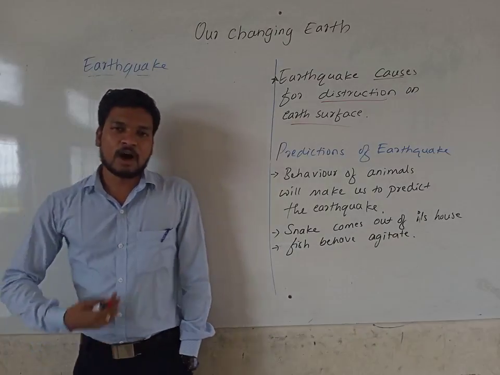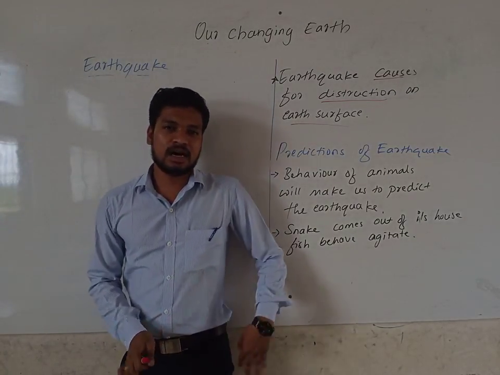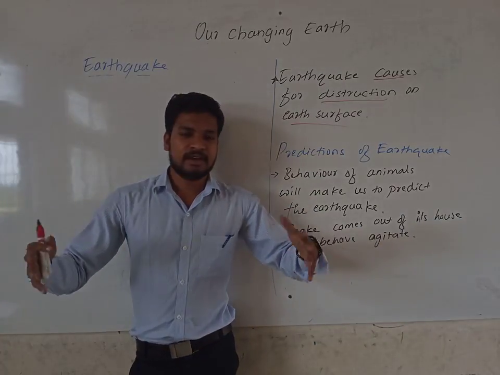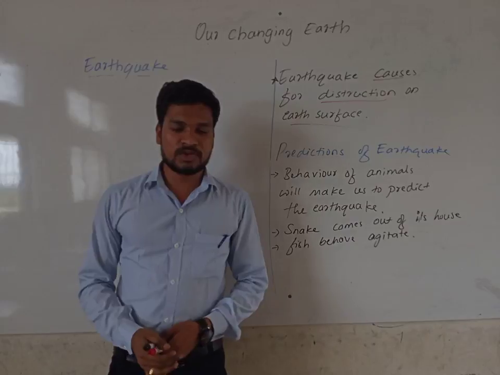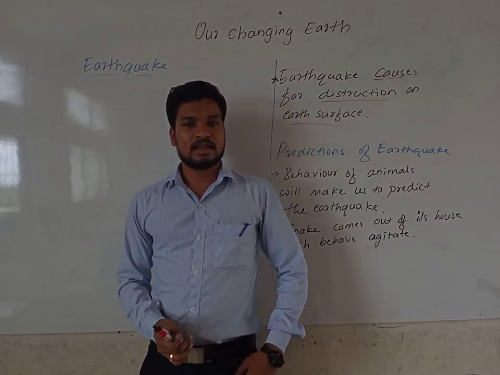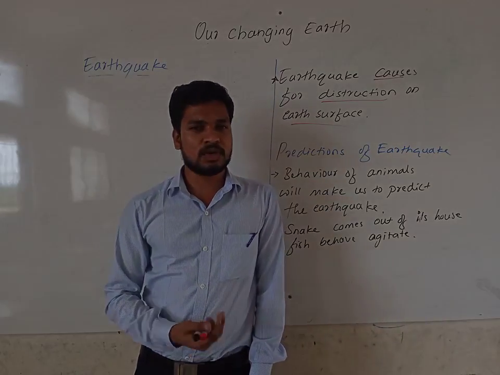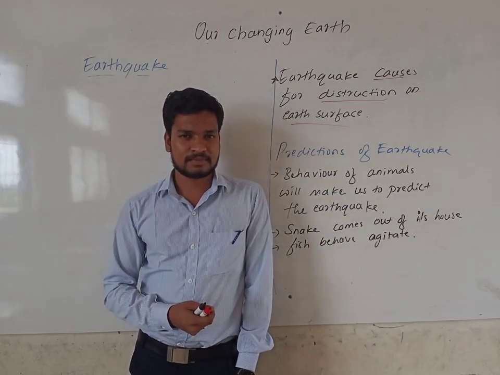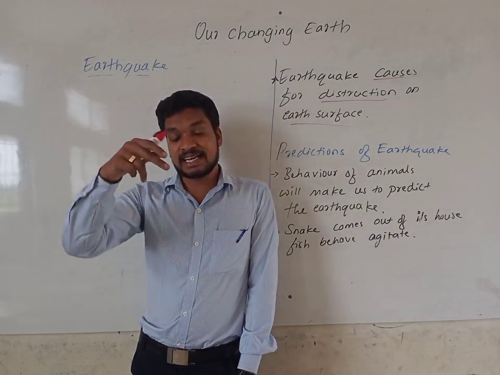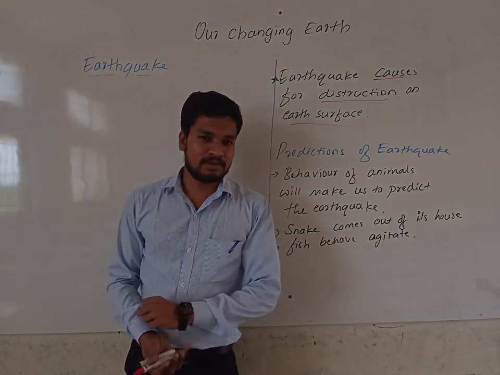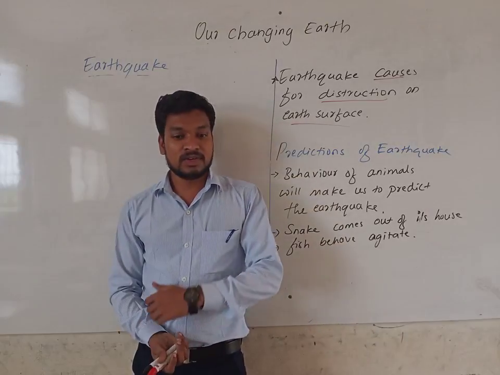So what we have to do when an earthquake happens in a particular place? Suppose we are doing our daily activities and suppose an earthquake happens, what to do? What is the main thing? Suppose we are inside the house, you need to get under the table.